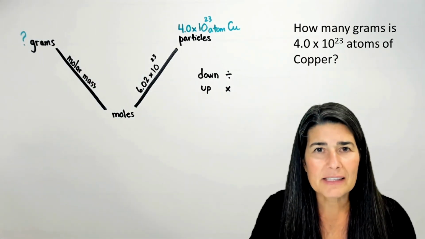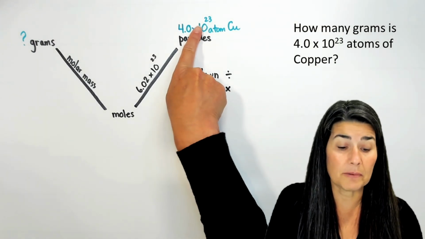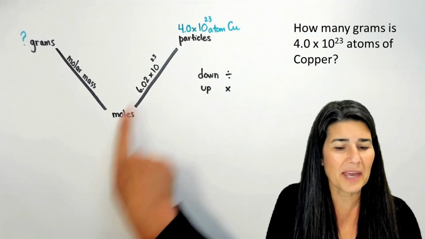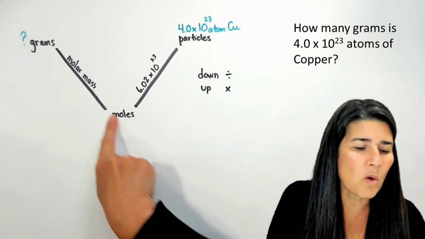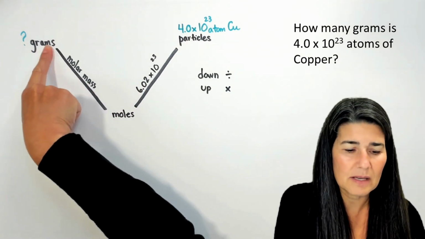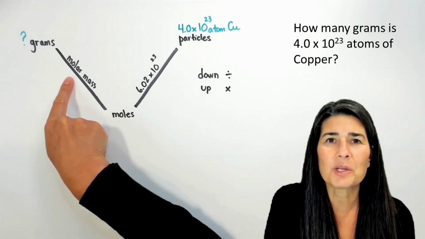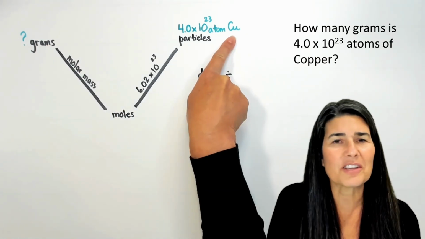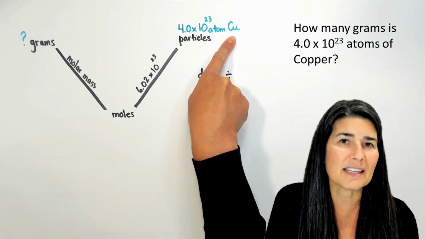We automatically know that we have a two-step conversion. We're going to have to go from particles to moles first, and we have a conversion factor for that. And then we're going to need to go from moles up to grams. So we're going to use our molar mass. The molar mass of what? The molar mass of copper. Let's find what that is.